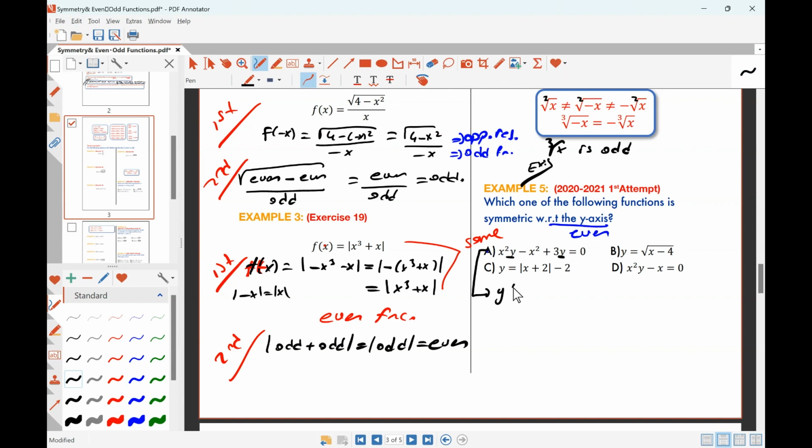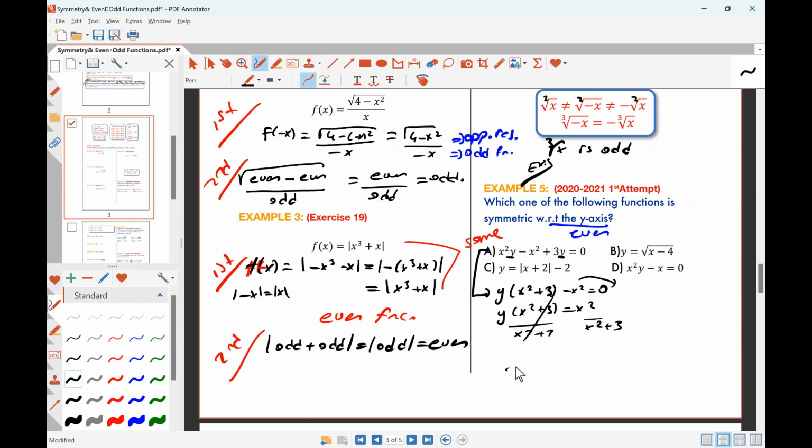So y times x squared remains, 3 remains here, minus x squared equals 0. Bring minus x squared to the other side. Y times x squared plus 3 is x squared. Divide both sides by x squared plus 3.